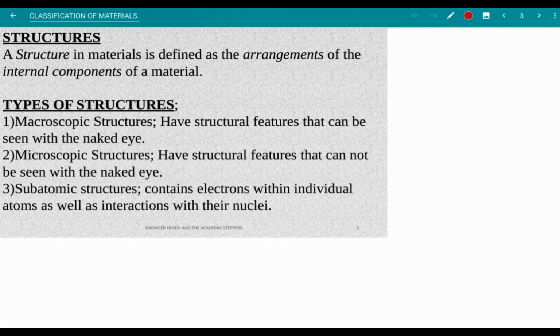Macroscopic structures are structural features that can be seen with the naked eye. But microscopic structures are features that cannot be seen with the naked eye. Then subatomic structures contain electrons within individual atoms, as well as the interactions with their nuclei. So let's understand that: structure just talks about the arrangements of the internal components of the material, and we have the macroscopic, microscopic, and subatomic.